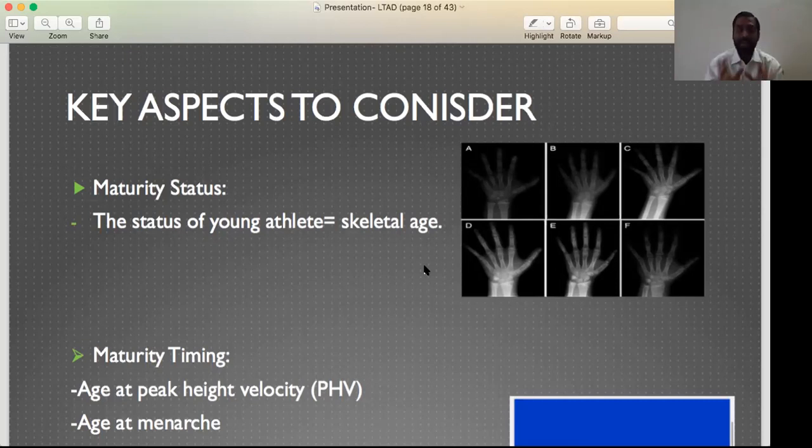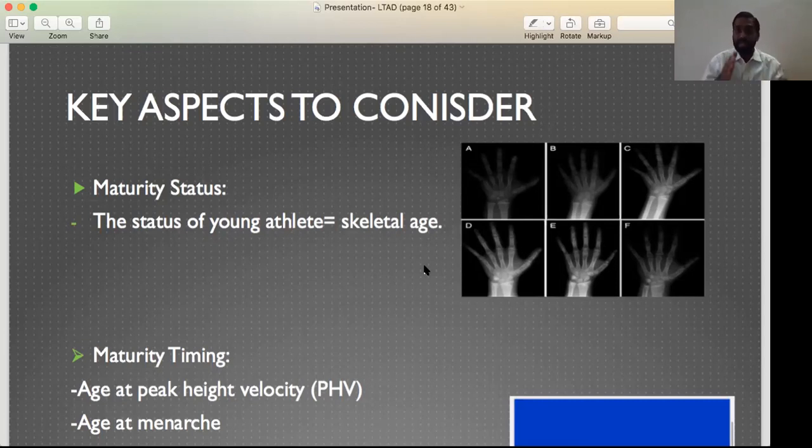So now, a very important piece of information. A simple left hand x-ray, if you can do it before the age of 16, you have 98.9% specificity of identifying the skeletal age of a child.